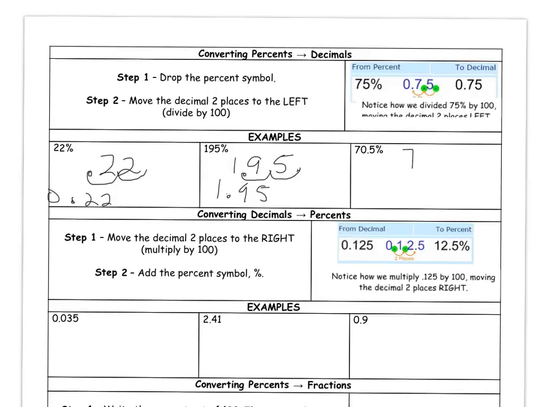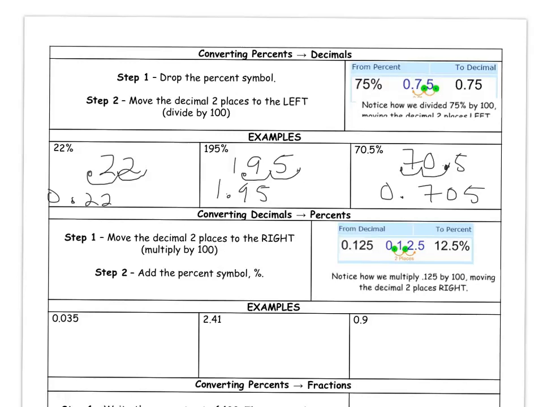If I write 70 and 5/10 without the percent sign, you notice where my decimal is. You have to pay attention to where your decimal is, and move 2 places to the left, wherever your decimal was. 1, 2. So now my decimal is 0.705.